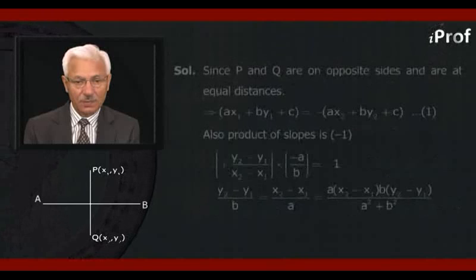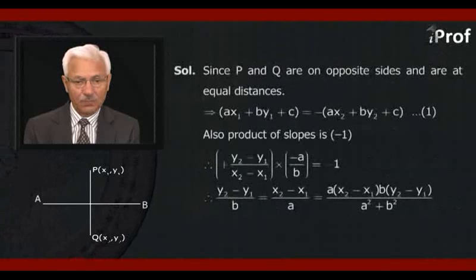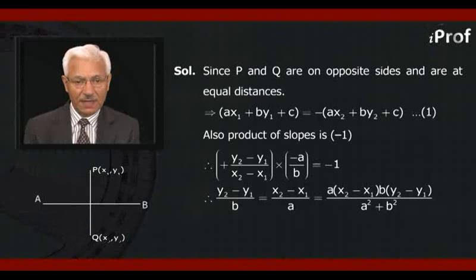Since P and Q are on opposite sides and are at equal distances because they form images, we get ax1 + by1 + c = -(ax2 + by2 + c). Treat it as 1.